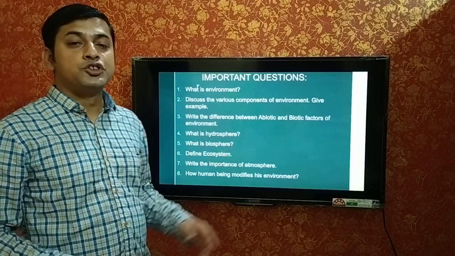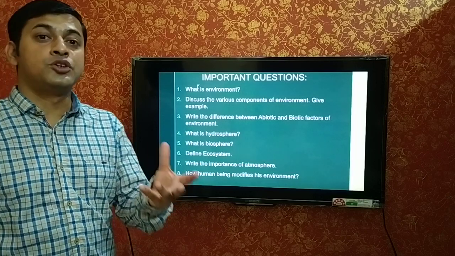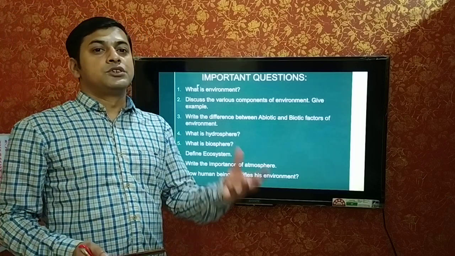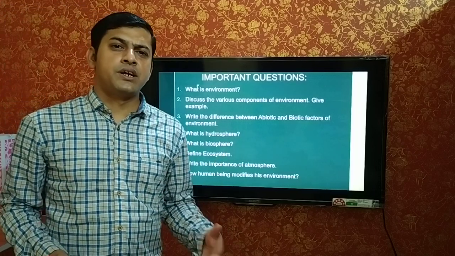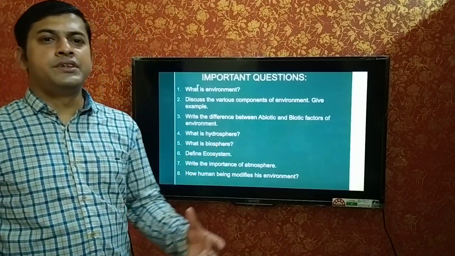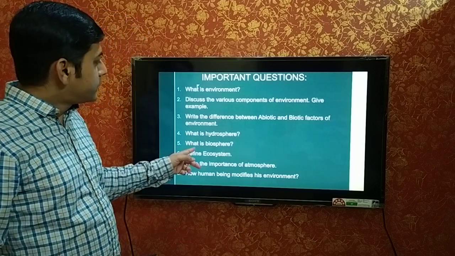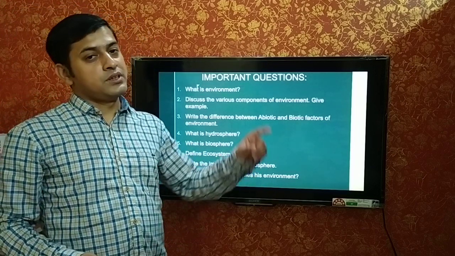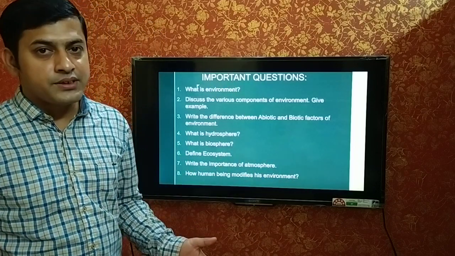What is hydrosphere? We have already discussed it in our slide. Hydro means water. The zone of water, whatever we have, sea, ocean, rivers, ponds, lakes, everything is considered as hydrosphere. What is biosphere? In the last class, through the diagram, I explained what the biosphere is.